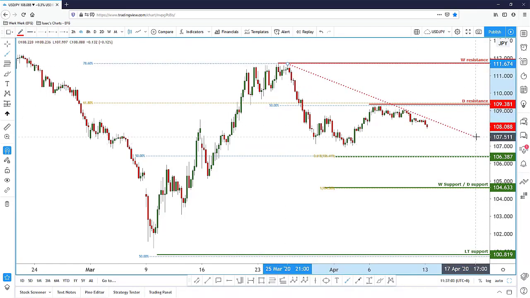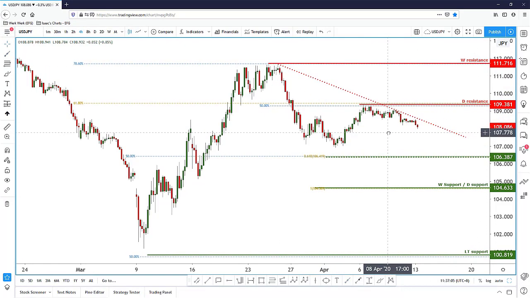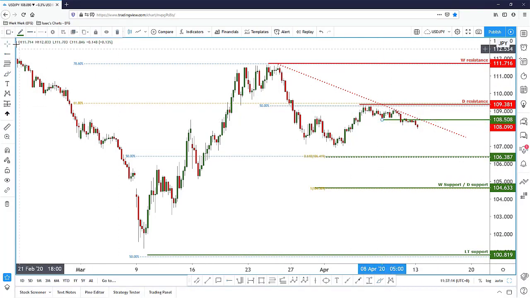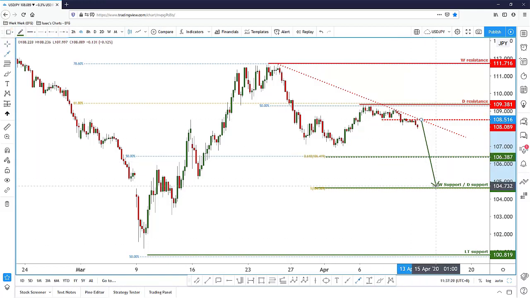We can actually connect all this. As long as price comes back to test this resistance level, it's a graphical resistance level, anywhere here, I will short down.